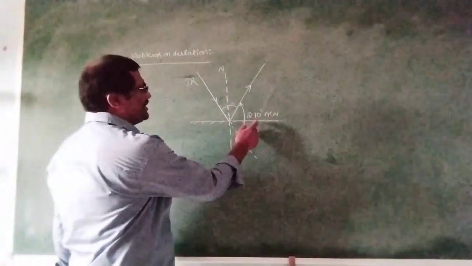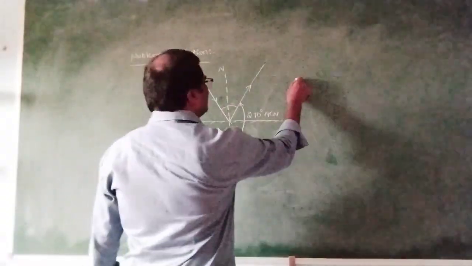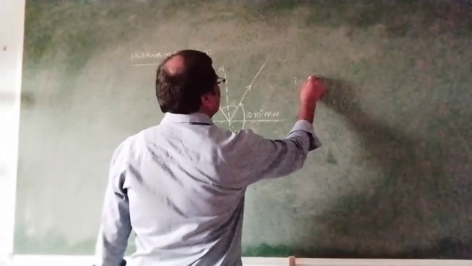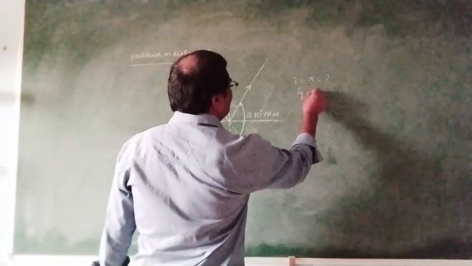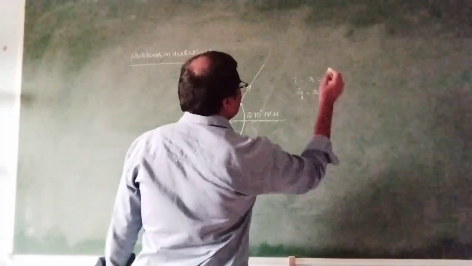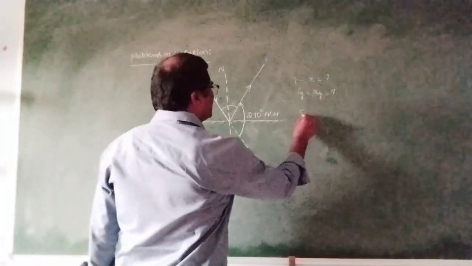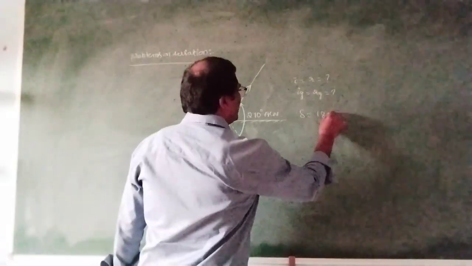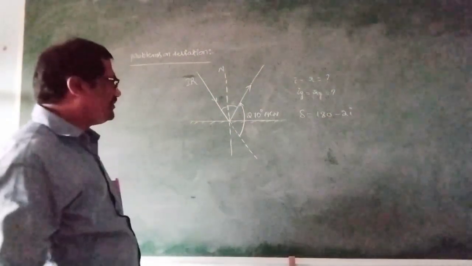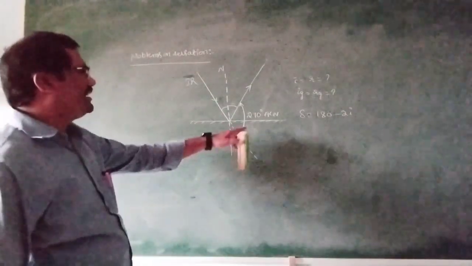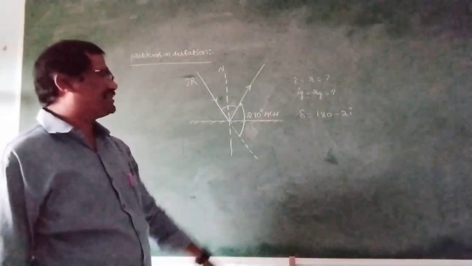This is the deviation angle. Here what is the I? Next, R is equal to how much? IZ is equal to RG is equal to how much? This is the question. Delta is equal to what is the formula? 180 minus 2I. This is 270 degrees in anti-clockwise direction.